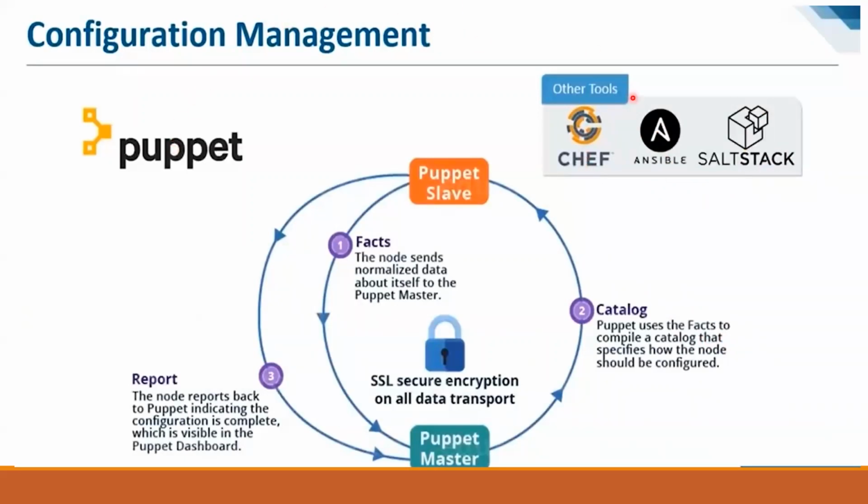Chef and Puppet use an agent-based communication protocol. If the agent, the Chef or Puppet agent, is not running on the target application server, we cannot deploy our code to those target servers. So there is a drawback. This is the agent-based communication protocol, but Ansible is an agentless configuration management tool.